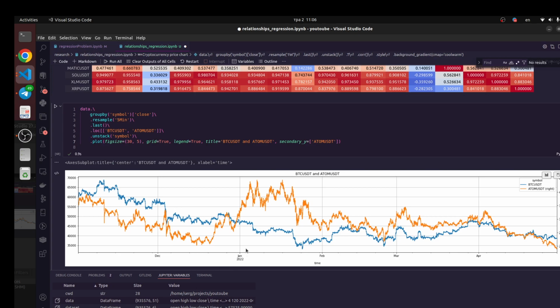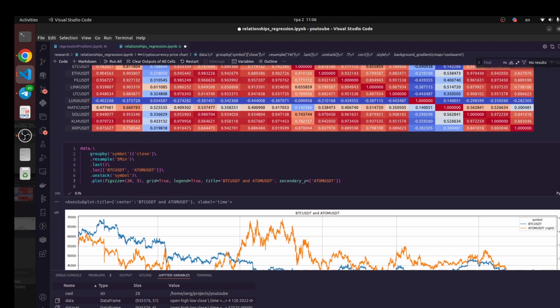It means when one of these cryptocurrencies is growing, we could sell it and buy another cryptocurrency. And when this data crosses, we could close our position. This is one type of strategy, like pair trading, and we could use this one.